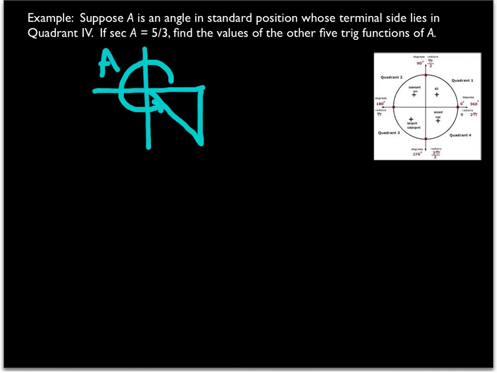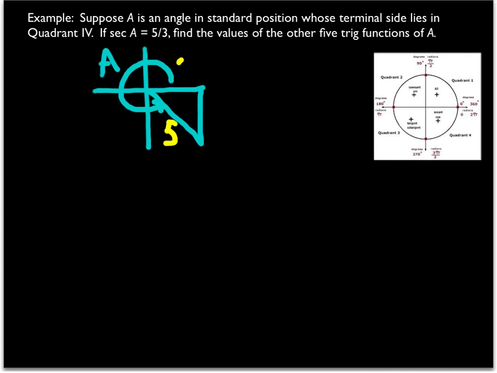But when I actually label these, if secant is 5/3, we might remember that secant is the reciprocal of cosine. So if cosine is adjacent over hypotenuse, then secant will be hypotenuse over adjacent.